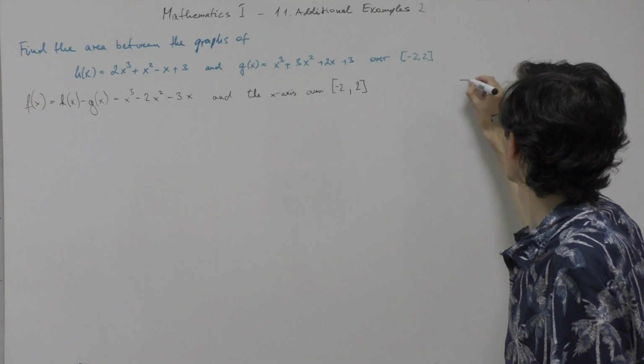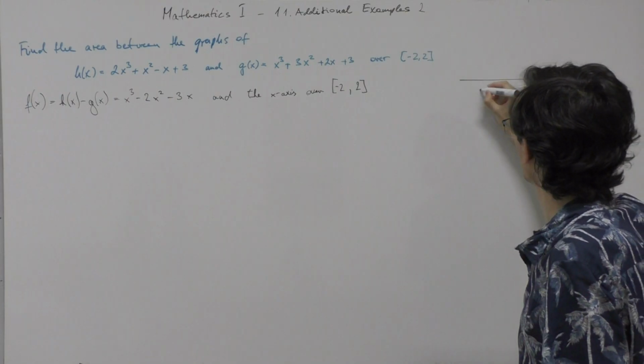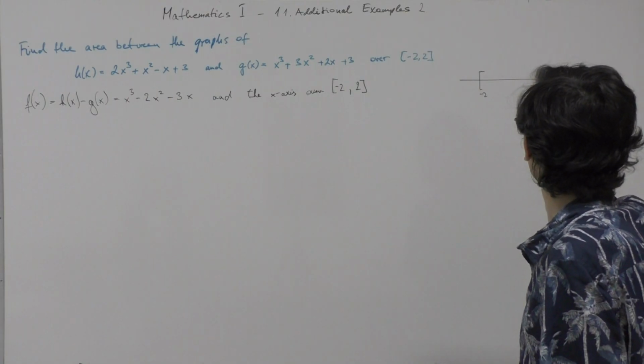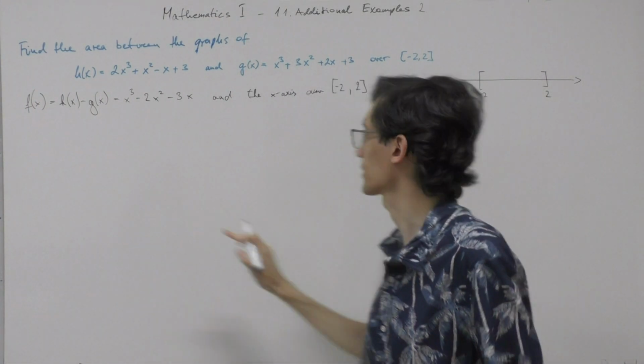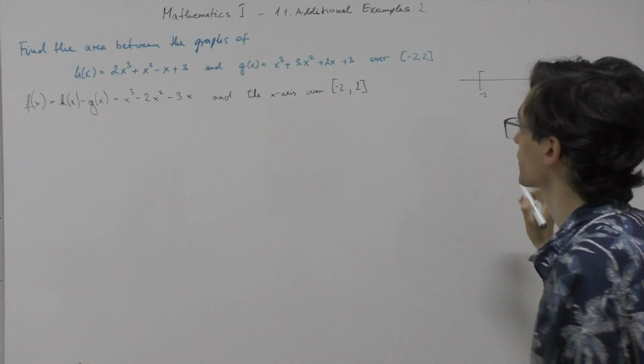Let's consider our interval from -2 to 2 and find the zeros of our function f that are inside this interval.